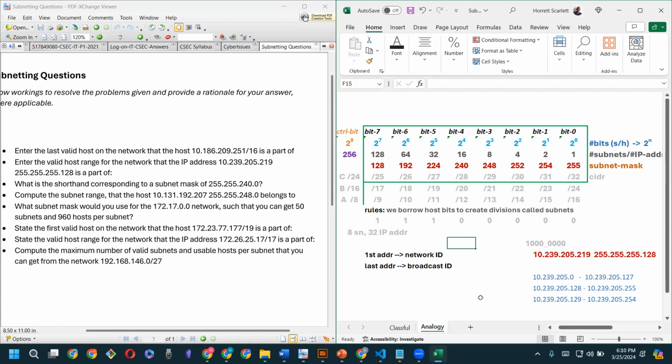So we end up with 8 units or 8 sections or 8 rooms, and each of these rooms has a maximum of 32 IP addresses associated with it. So when we multiply 8 by 32, what do we end up with? 256.